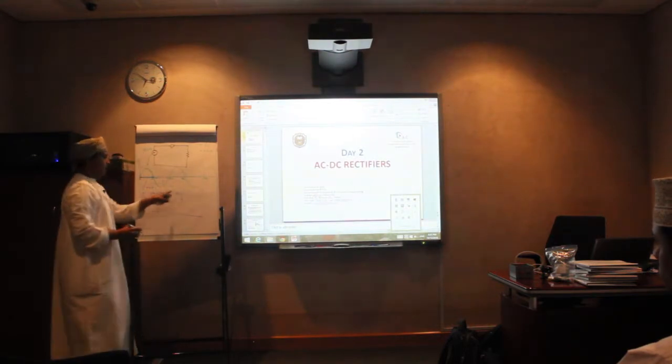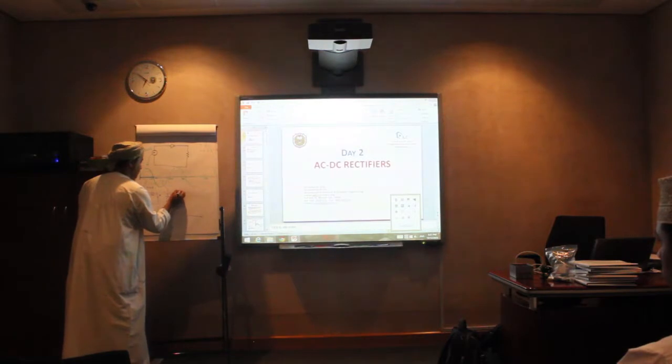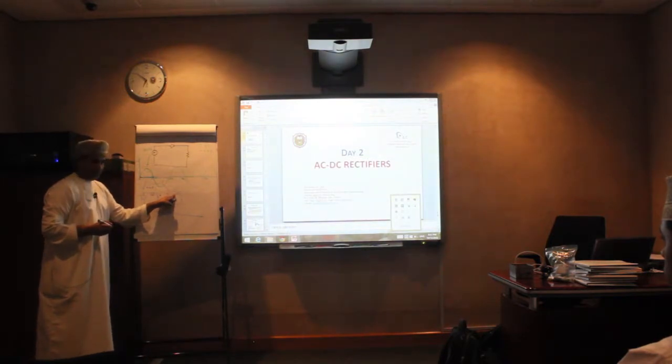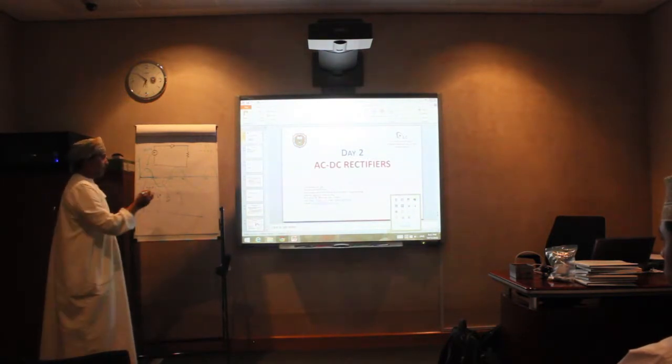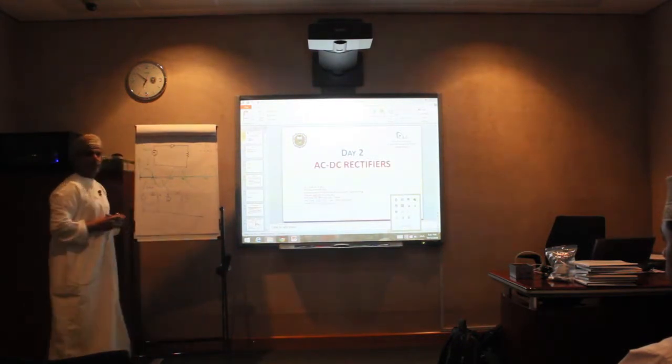So this diode will not conduct because it's reverse biased. I can see this one is higher than that one, which is the cathode is higher than the anode. So it will not conduct. Therefore, the voltage across this one is equal to 0.